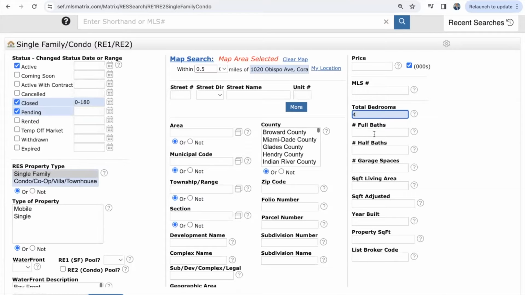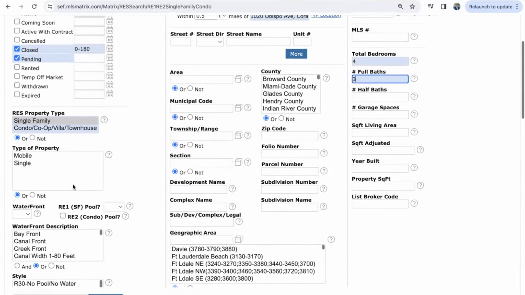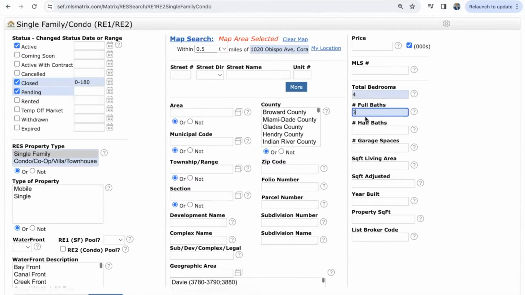And if you want the exact number of bathrooms, then you're gonna place 3 bathrooms. All right, so we are now down to 8 matches. Take a look on the lower left corner, we're down to 8 matches of 4 bedrooms and 3 bathrooms. So we don't need to make any adjustments to the comparables.